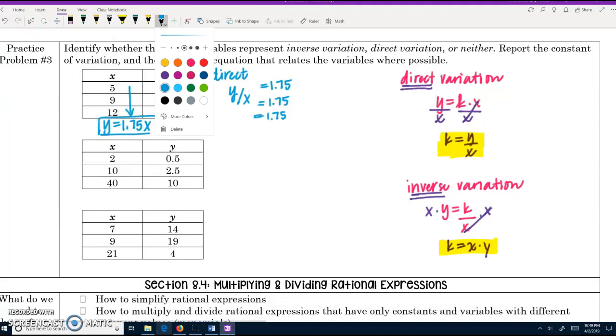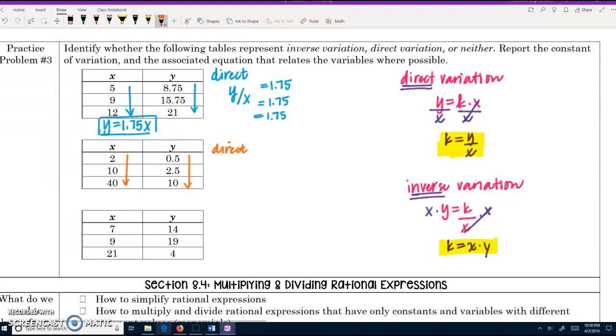Then we're just going to do the same thing with the next table. We're going to check and see what x is doing, and then what y is correspondingly doing. So as I increase my x values here, it also appears that my y values are increasing. So that makes me think that this is probably direct variation again. So in order to solve for the k value, I'm going to take each of the y values and divide them by the x terms.